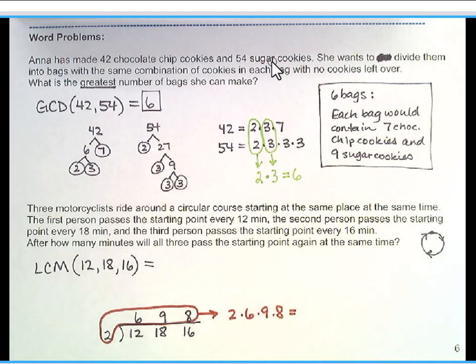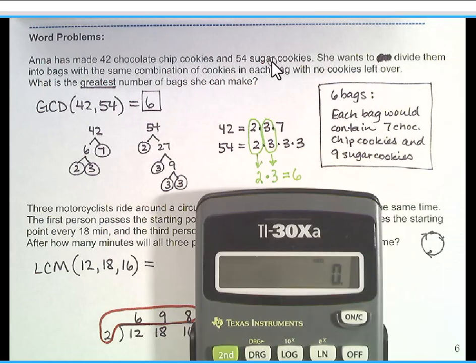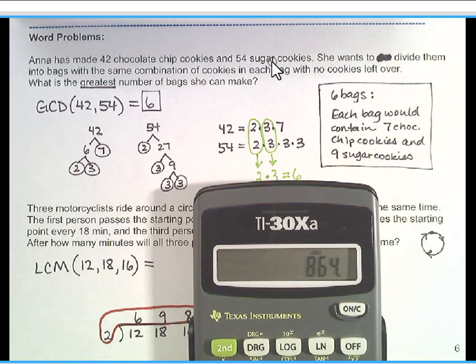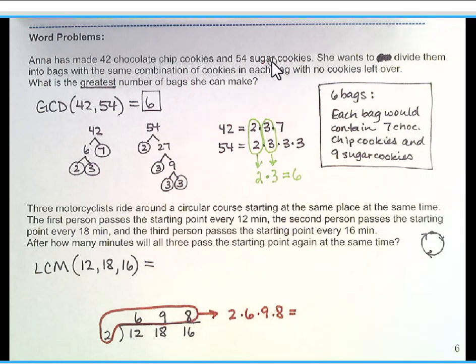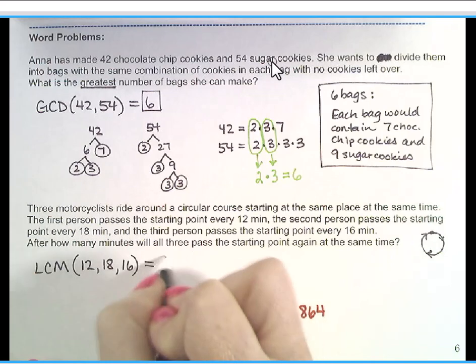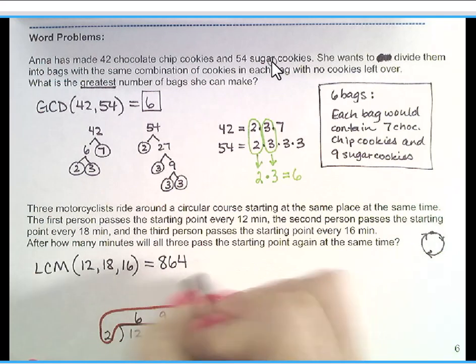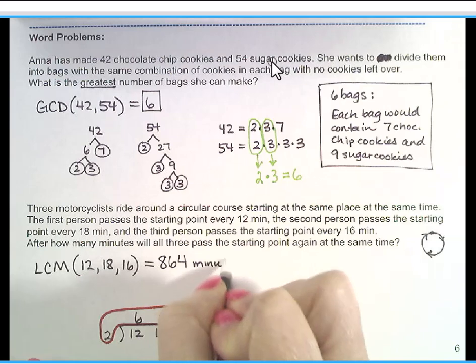This is going to be a pretty big number. Let's see what we get. 2 times 6 times 9 times 8. 864. So the LCM is 864, and this would be minutes.